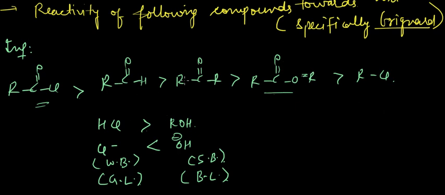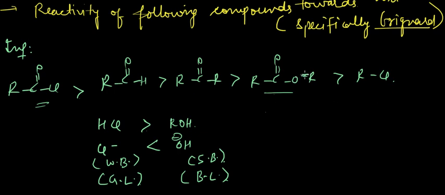Similarly, we can see for other groups as well. We can compare the acidic strength, and then see which is a good leaving group or a weak base. According to that, the reactivity rate is defined.